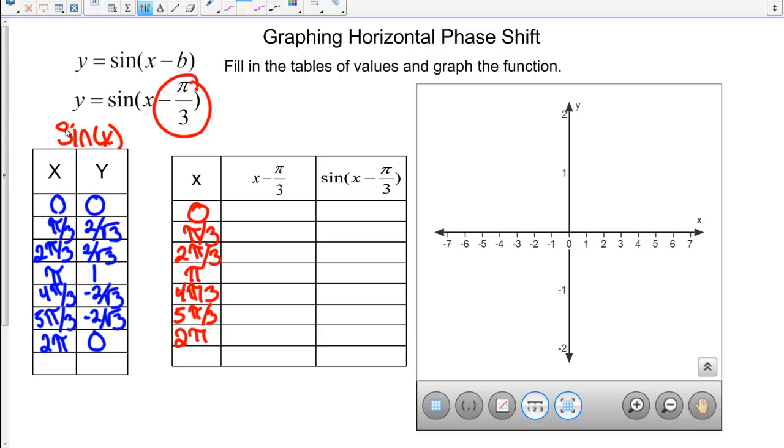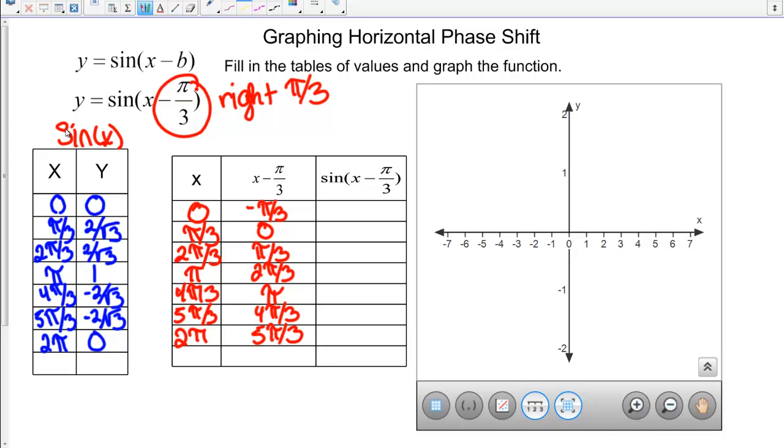Our phase shift is going to move us right pi over 3 units, as we expect. So when we subtract pi over 3 from each of these x's, we get negative pi over 3, 0, pi over 3, 2 pi over 3, pi, 4 pi over 3, and 5 pi over 3.